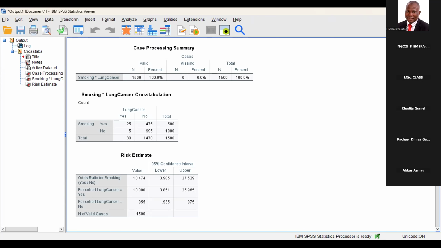Let's say we arrange it in a different way. If we divide the risk among the unexposed by the risk among the exposed, you know the risk among the unexposed is smaller.